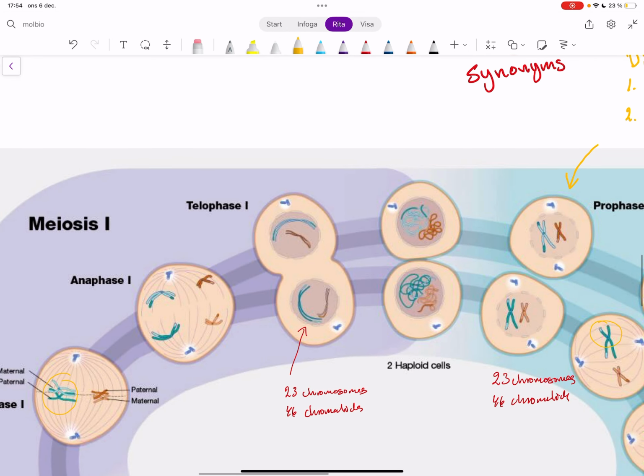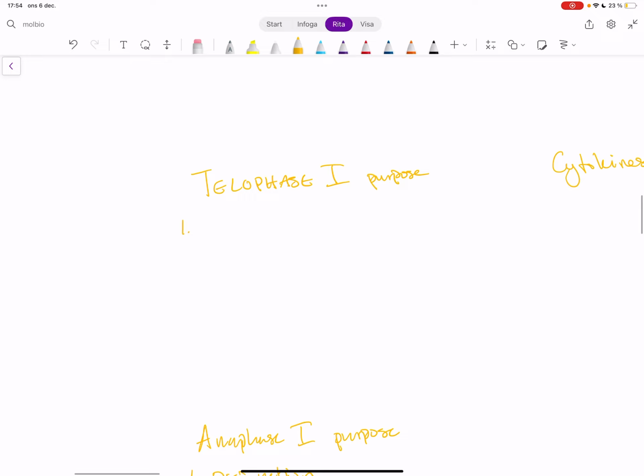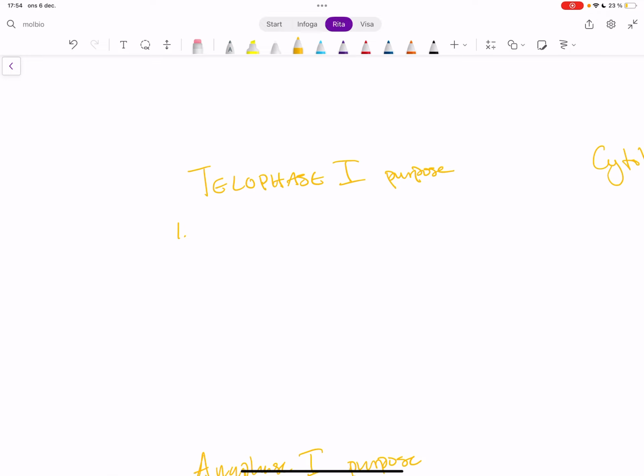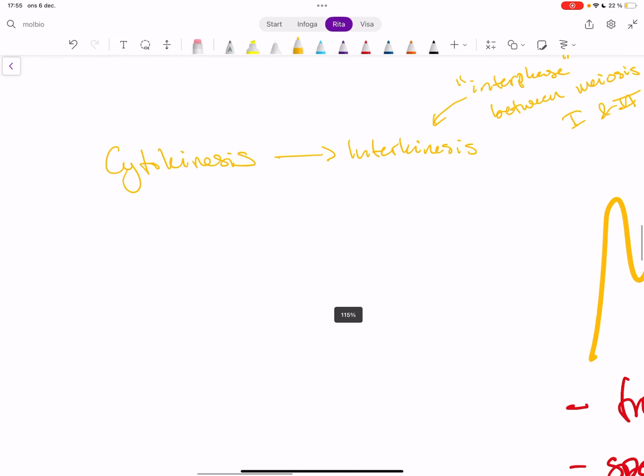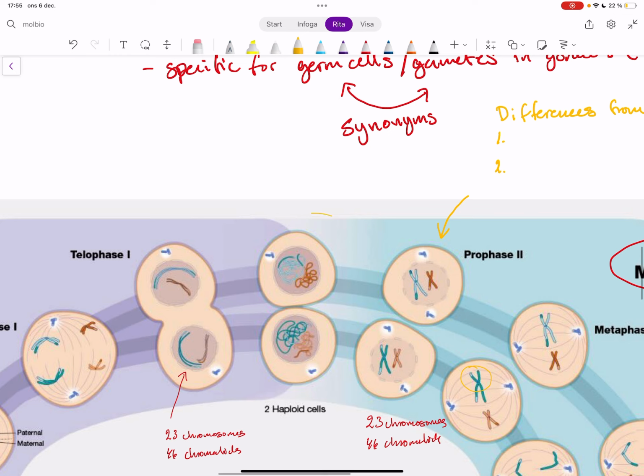Then telophase will happen, and the main purpose of telophase is just to separate the daughter cells, so you get 2 haploid sets of chromosomes in 2 different daughter cells. That's that.